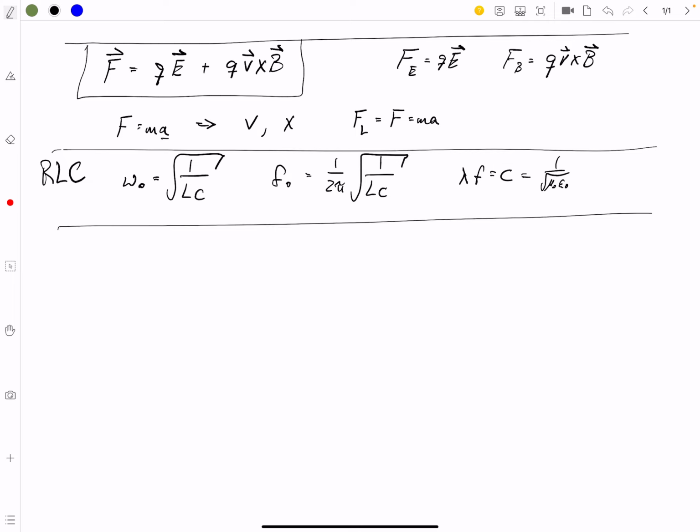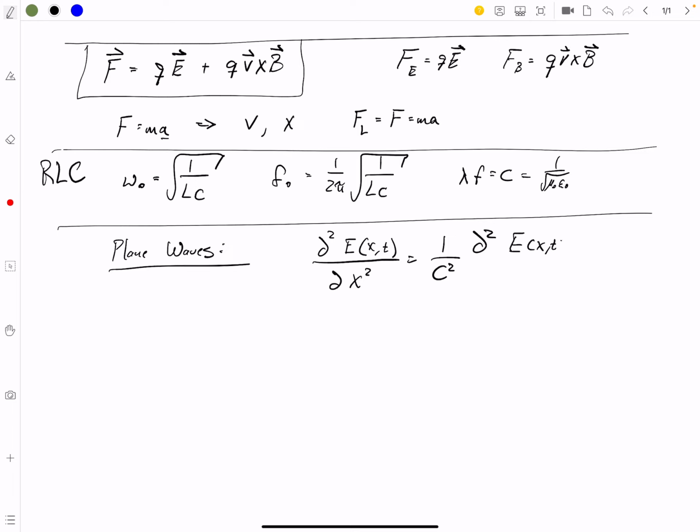So let's move on to plane waves. And our plane waves, it doesn't matter what your function is, you take the derivative twice with respect to x, you take the derivative twice with respect to t, and lo and behold, when you do that, you end up with 1 over c squared times the t term.